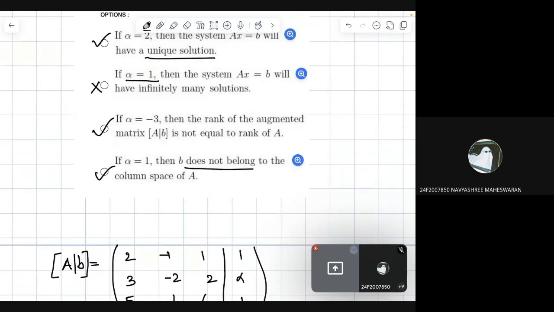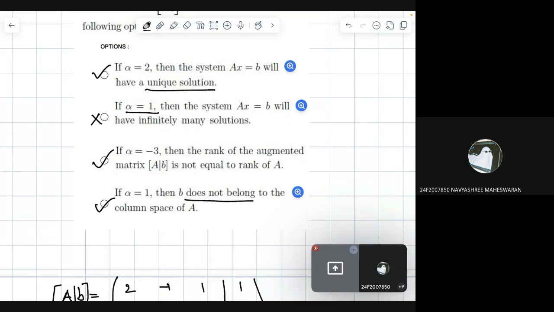In the workout of option C, we got the rank of A as 3, right?